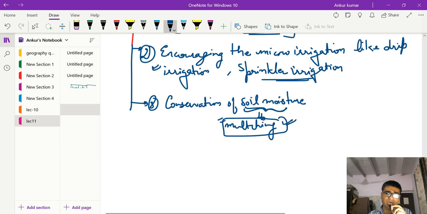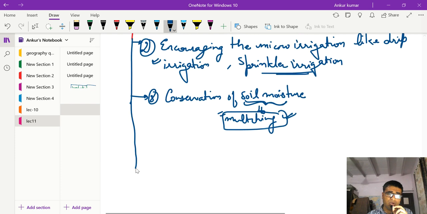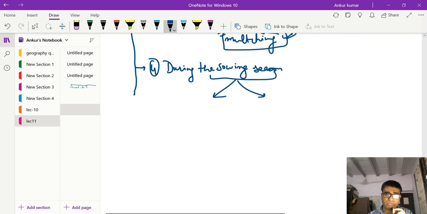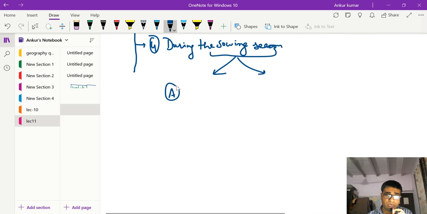Then we have to tweak, make small changes. We just have to tweak our cultivation method when we plant, during the sowing season. We have to make two changes here. The first change we have to make during the sowing season is that you have to deep sow the seeds.